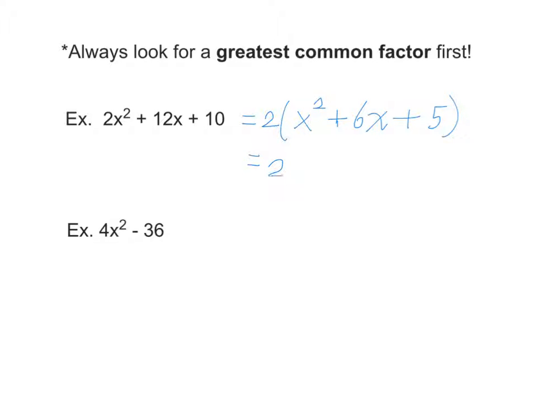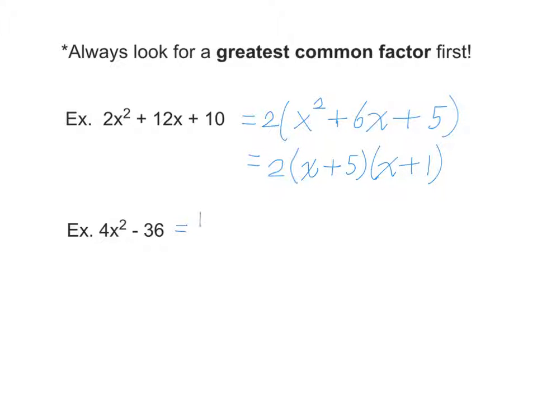Notice how I'm still leaving the 2 in the problem. Two numbers that multiply together to give me 5, but add up to be 6, would be 5 and 1. So x plus 5, x plus 1. That's the complete factorization.